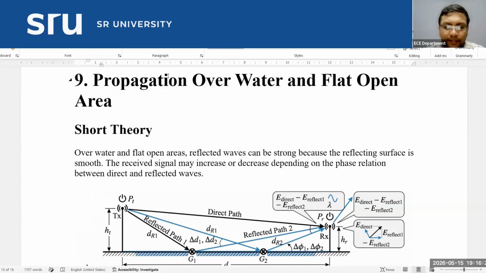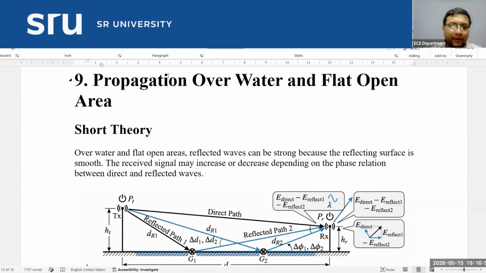So when the wave hits the ground, some amount of scattering happens, so that instead of going towards the mobile station, the wave is scattered here and there. But when the wave propagates over water and flat open area, reflected waves can be very strong, because the reflecting surface being smooth, the scattering is less.